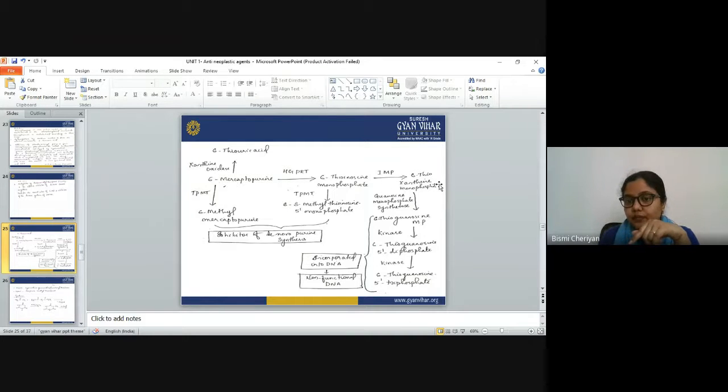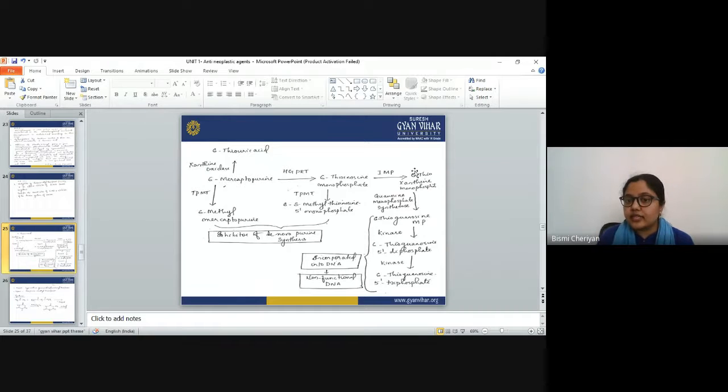And this 6-thioxanthine monophosphate is directly incorporated into the guanine structure in the presence of guanine monophosphate synthetase, and the guanine that is present in the DNA. So that is the way this 6-mercaptopurine is incorporated into the DNA.